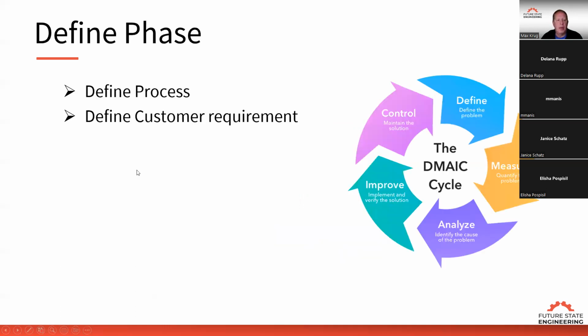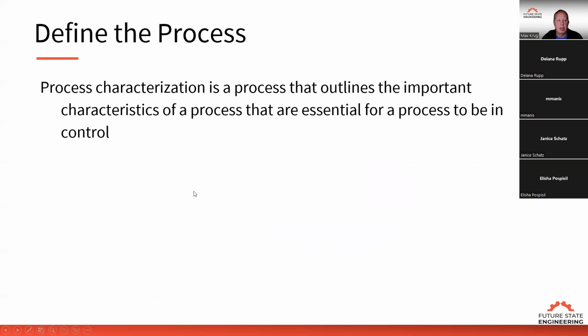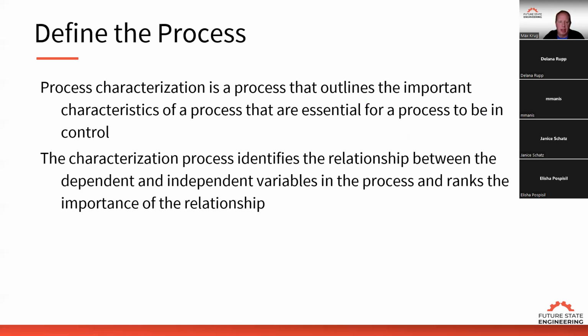So in the define phase, we want to define the processes, define the customer requirements, and prioritize those customer requirements. Under the define the process step, I use a technique called process characterization. This is also what Six Sigma uses. I'm actually a Six Sigma green belt. What we want to understand is what the variables in the process are and what the variables of the product or service are.